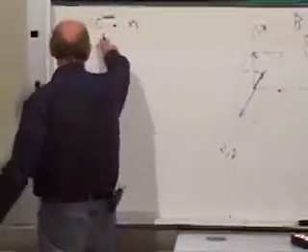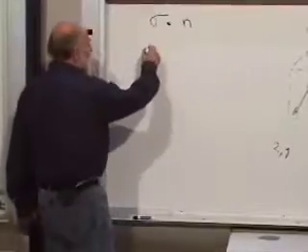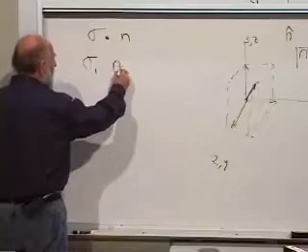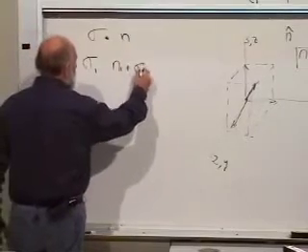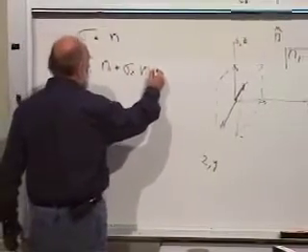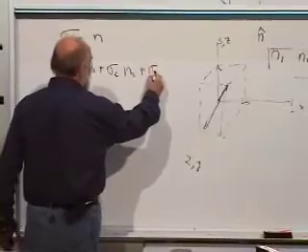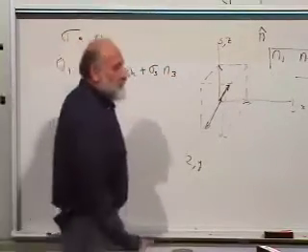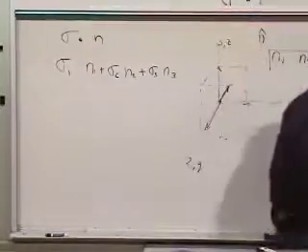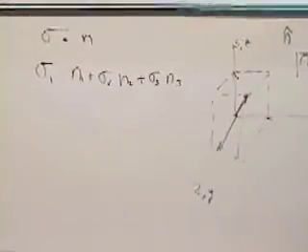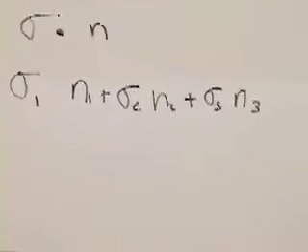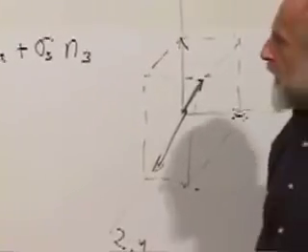It's the first component, or the x component, call it sigma 1, times n1 plus sigma 2 times n2 plus sigma 3 times n3. Well, this gives us an interesting candidate in quantum mechanics for the operator which is the component of spin along a direction n.